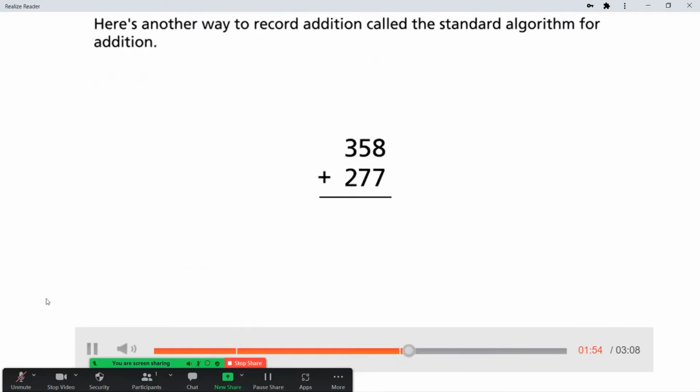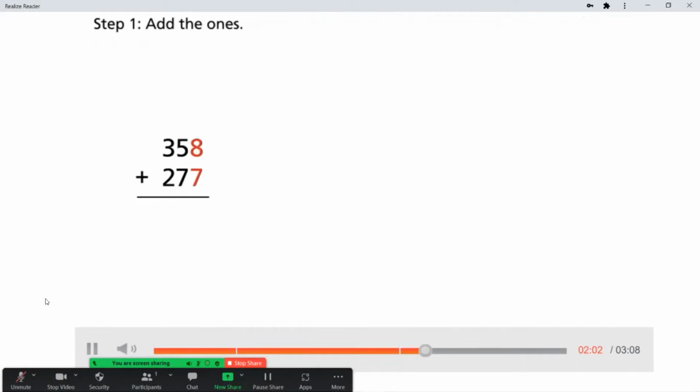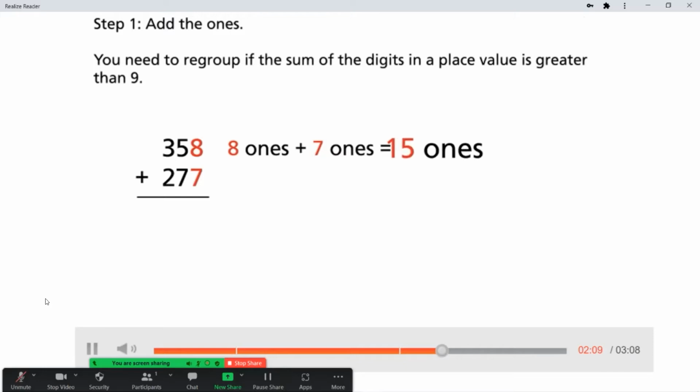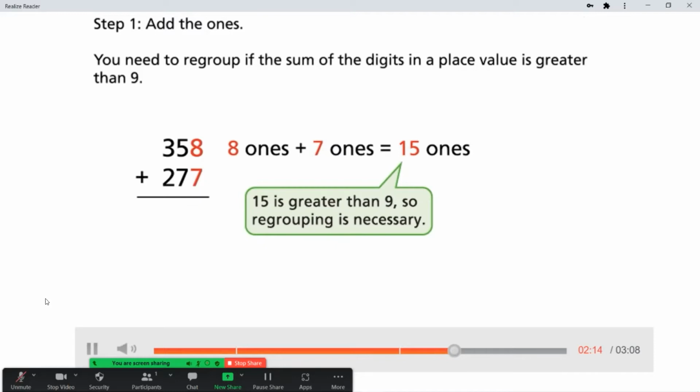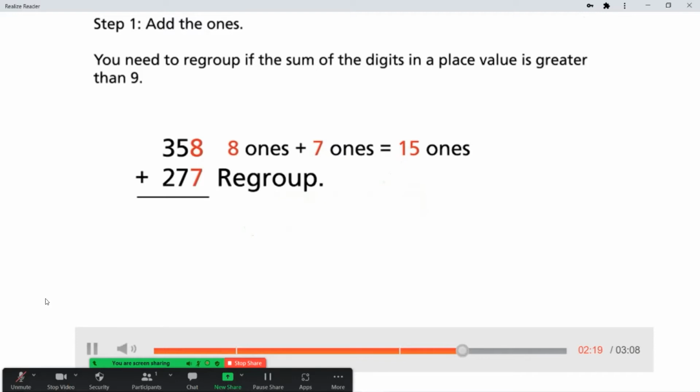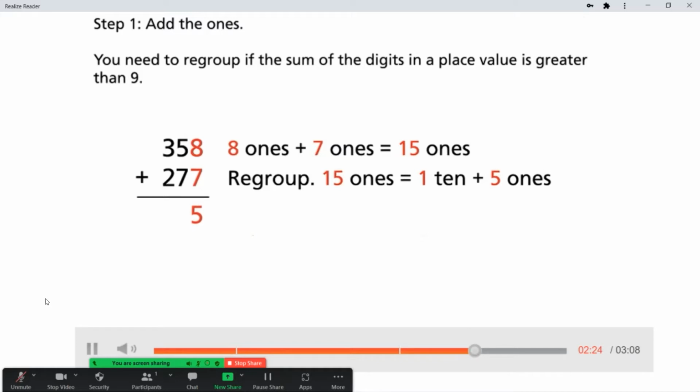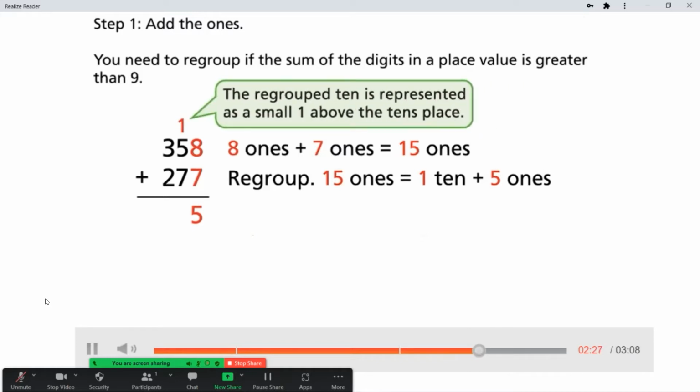Here's another way to record addition called the standard algorithm for addition. Step 1. Add the ones. 8 ones plus 7 ones equals 15 ones. You need to regroup if the sum of the digits in a place value is greater than 9. 15 is greater than 9, so regrouping is necessary. Regroup. 15 ones equals 110 plus 5 ones. The regroup 10 is represented as a small 1 above the tens place.